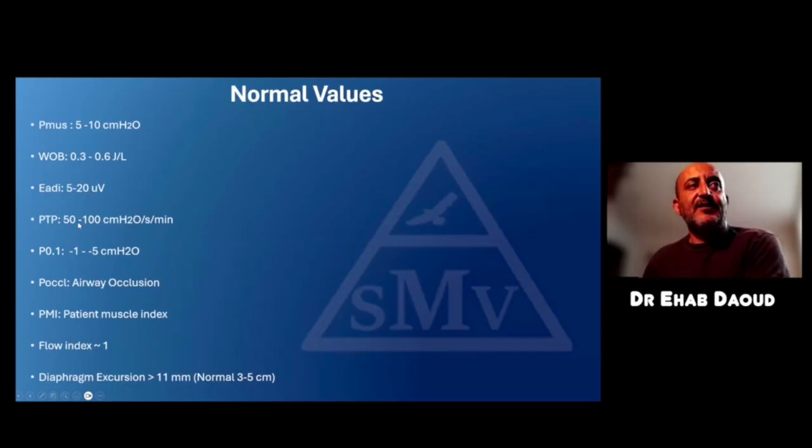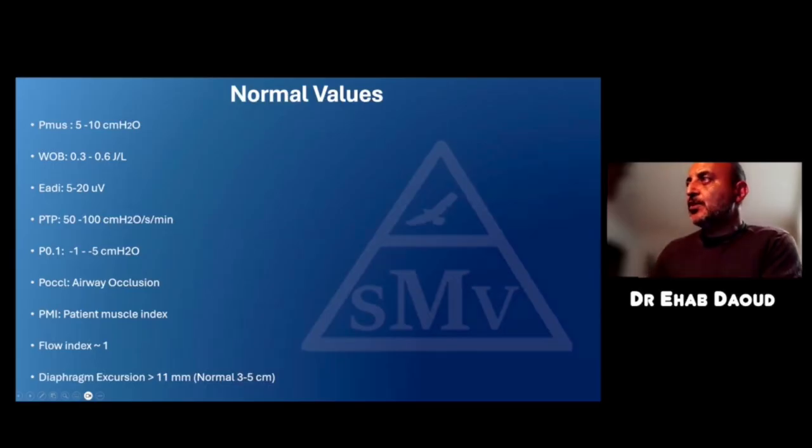PTP, 50 to 100 centimeter water per minute. P0.1, nobody really knows, but -1 to -5 centimeter water. Occlusion pressure, we don't have a normal value for it. PMI doesn't either. Diaphragmatic excursion may be more than 11 millimeter.